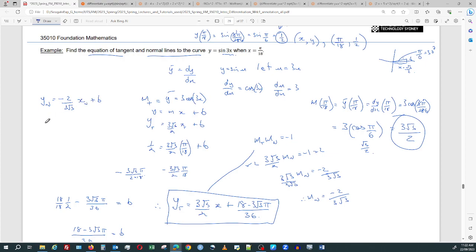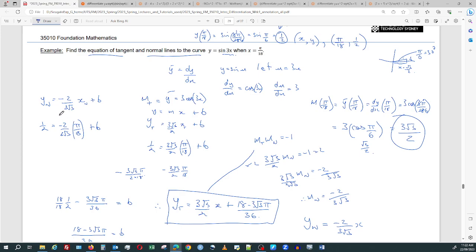We're using the same pairs, so half will equal minus 2/3 root 3 times pi on 18 plus b, and we're in search of b because we want to write over here y normal equals minus 2/3 root 3 x, and then whatever b turns out to be.